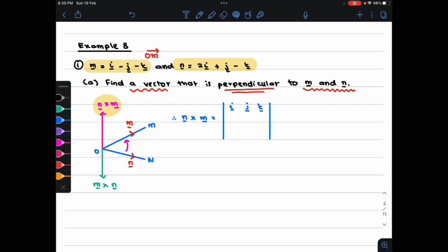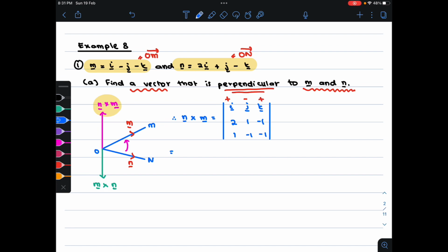The first row is always i, j, and k. The second row is always our first vector n, which is this one. And for the third row, we need the second vector, which is this one. Don't forget, for i we need to put plus sign, minus for j, and plus sign for k.